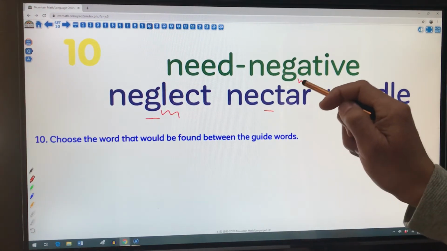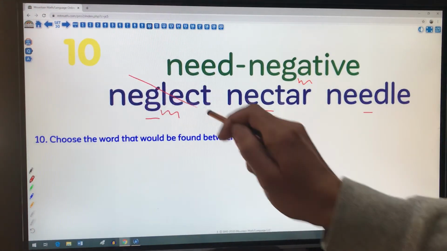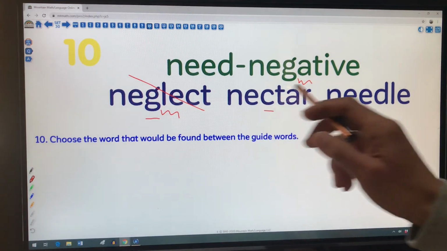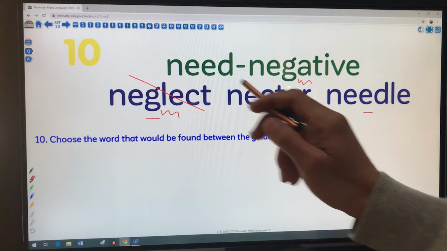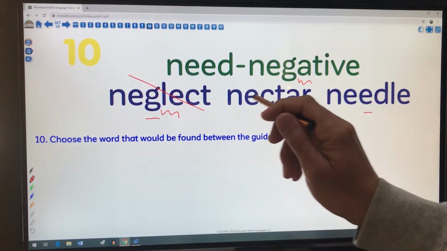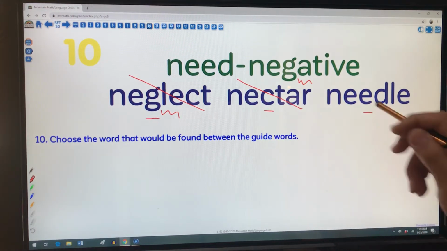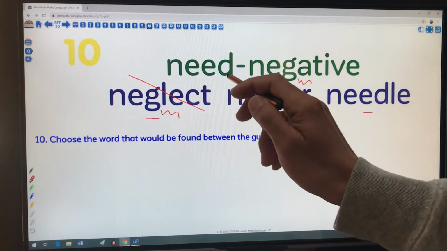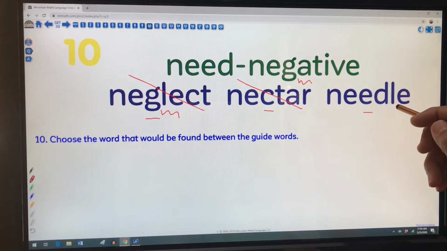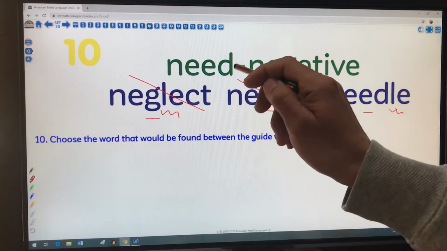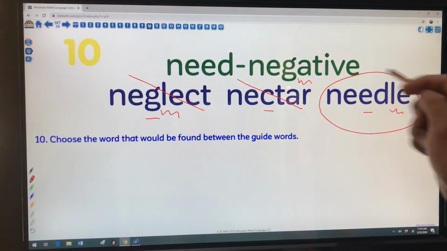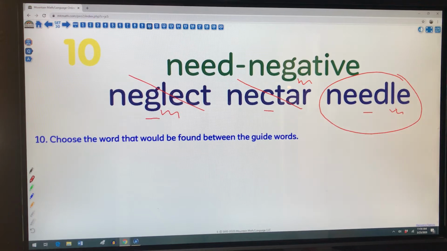The L is going to be after the A, so I know it cannot be neglect. If I look at the word nectar, N-E-C, the C is going to be before the E here, so I know it can't be nectar. Let's double check needle. Here's need, here's needle, so I know that that L here is going to come after. This has to be the word needle. So needle is the word that is found between the guide words need and negative.